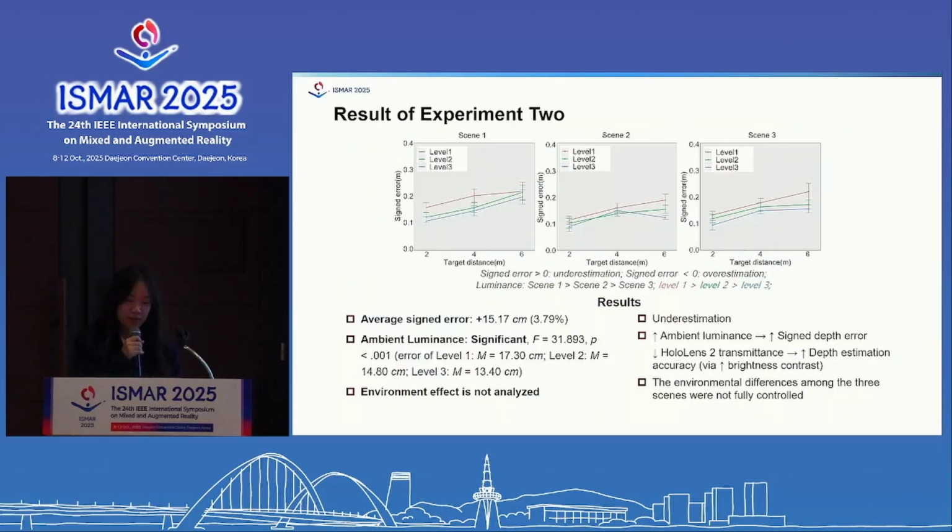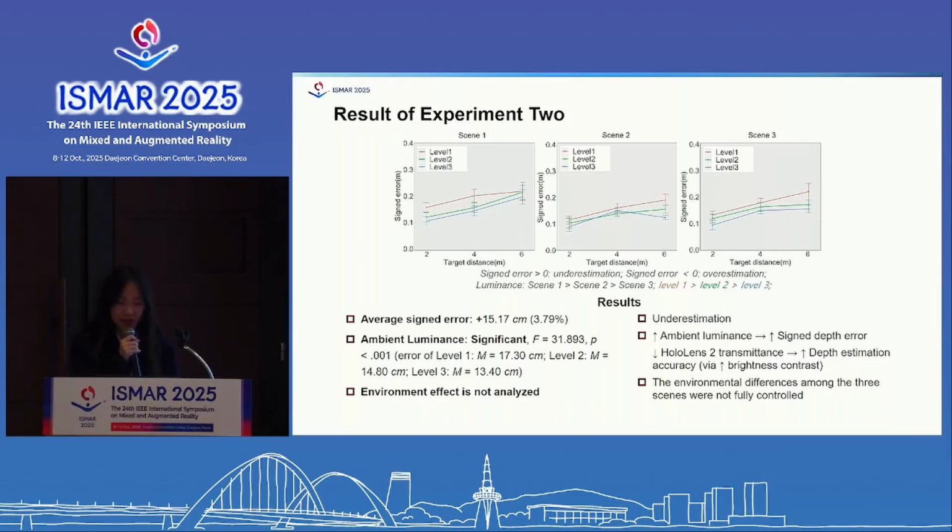Here are the results of our experiment 2. First, let's see the average signed error. It is positive, and this result is similar to our experiment 1. For the object on the ground with height information, people tend to underestimate the depth. Ambient luminance has a significant effect on the depth error. When the ambient luminance increases, the signed error will increase too.